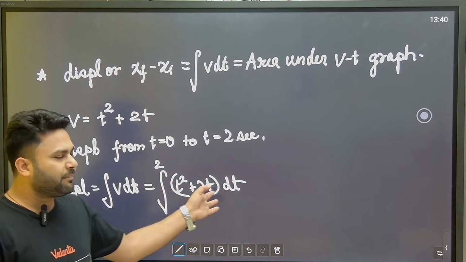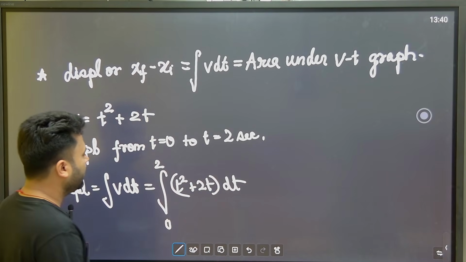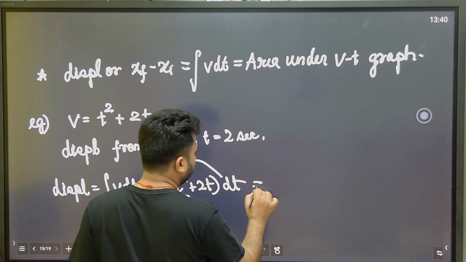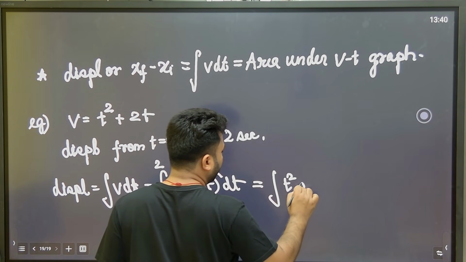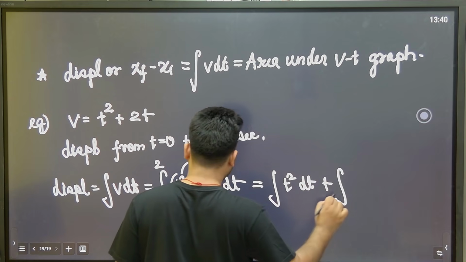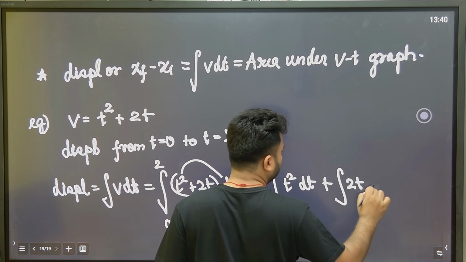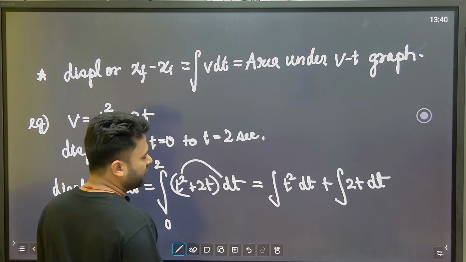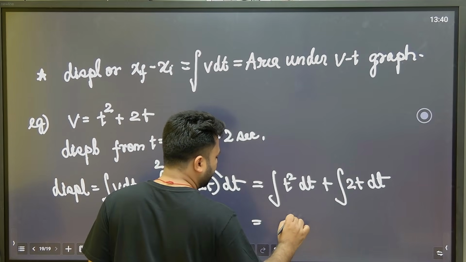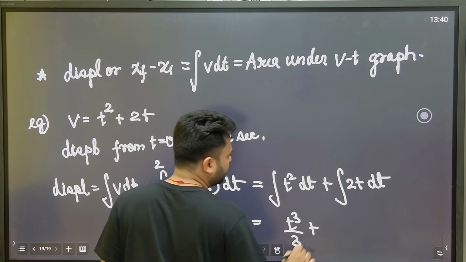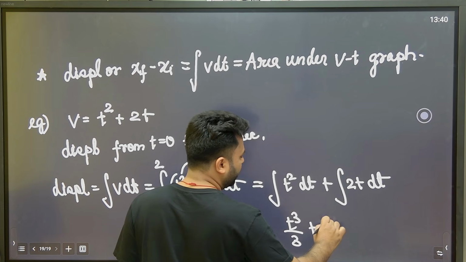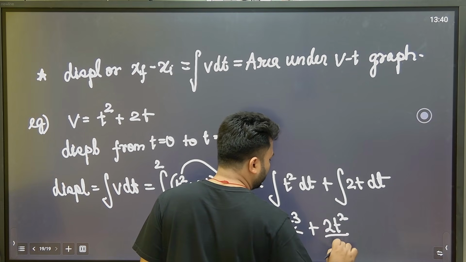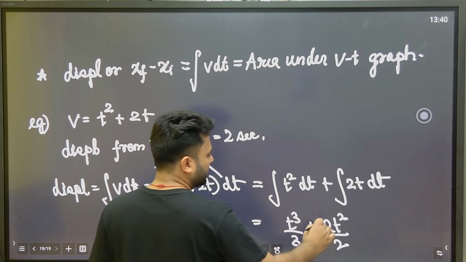And in basic mathematics I have told how to solve this. You can do integration of t square dt plus integration of 2t dt. What will you get? I am doing it also: t cube by 3 plus 2 outside, and the integration of t will be t square by 2. So this gone, this gone.